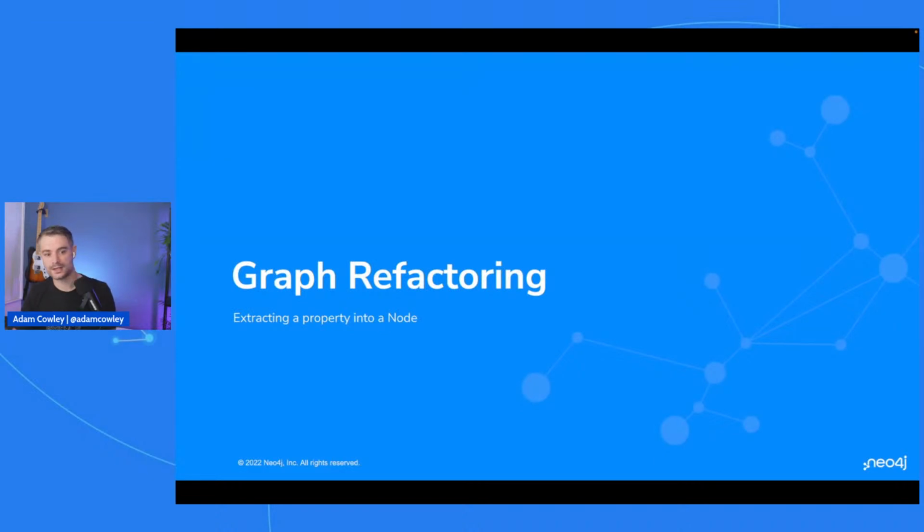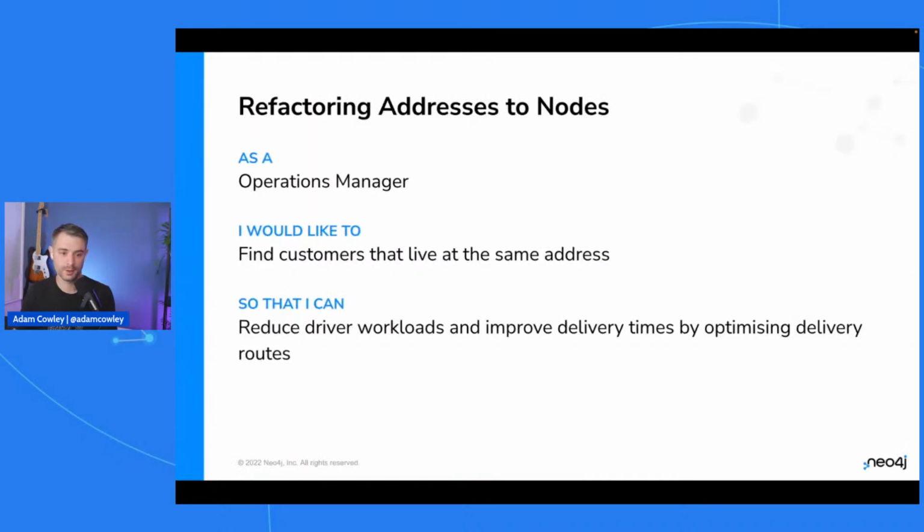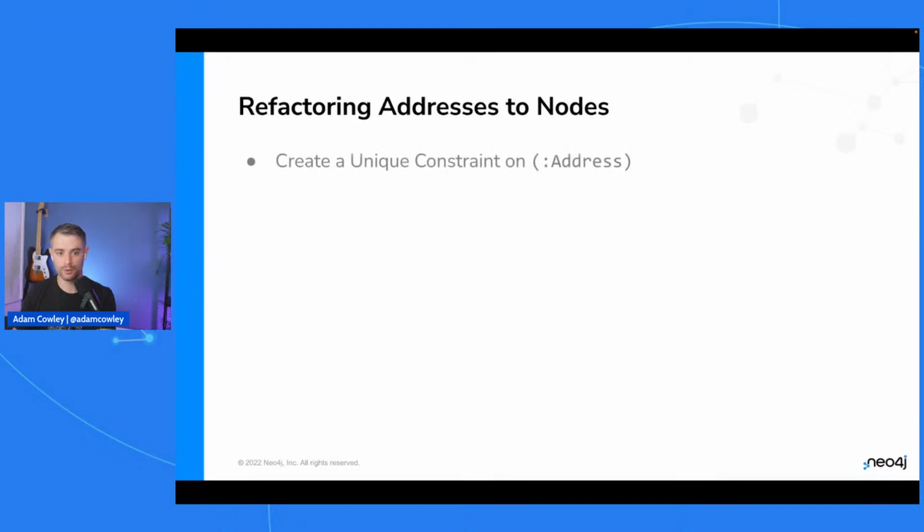We can extract a property into a node, which allows us to query through it. Let's say, for example, as an operations manager, I want to find all the customers that live at the same address, so we can optimize the delivery routes. What we can do here is firstly create a constraint on a new node called address.